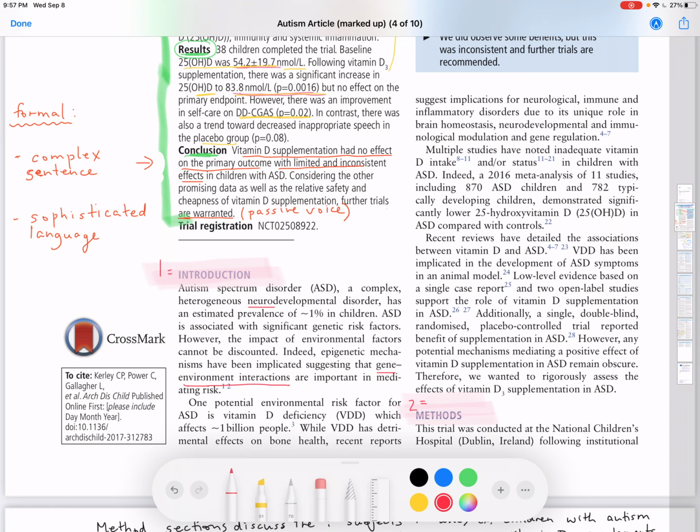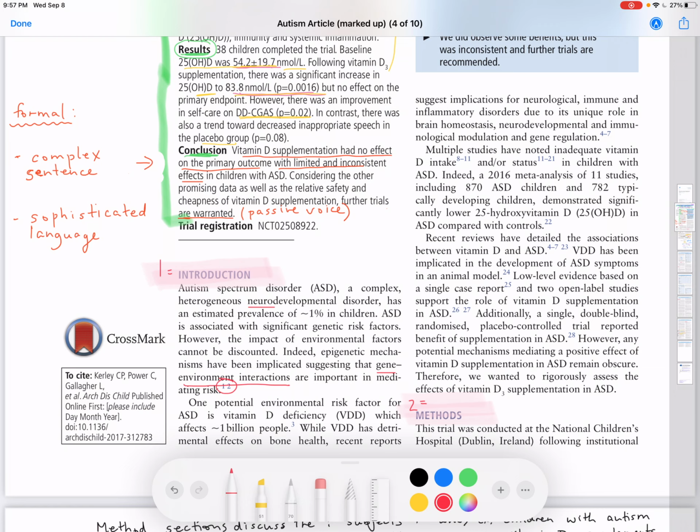And we can see source number 1 and number 2 are mentioned here in the superscript. Where do we find those sources if we're interested? We have to go back to the end of the paper to the reference section, and there we can find the first and second source. Let's continue the reading for now.